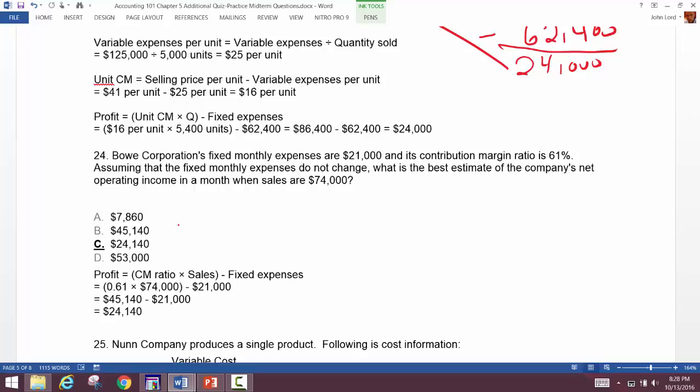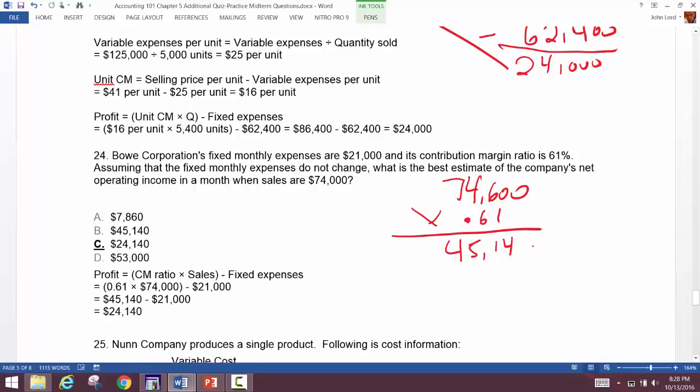Assuming that fixed monthly expenses do not change, what is the best estimate of the company's net operating income when we have sales of $74,000? So what happens? $74,000 is going to be my sales. My contribution margin ratio is what? 0.61. That means I have a total contribution margin here of $45,140.